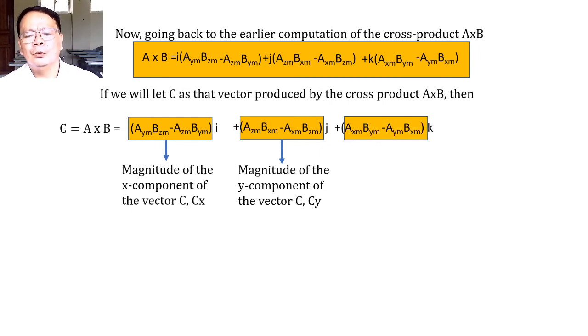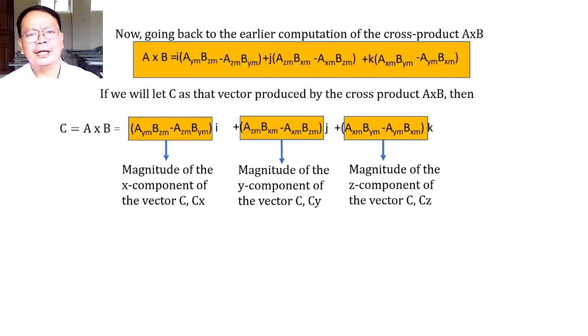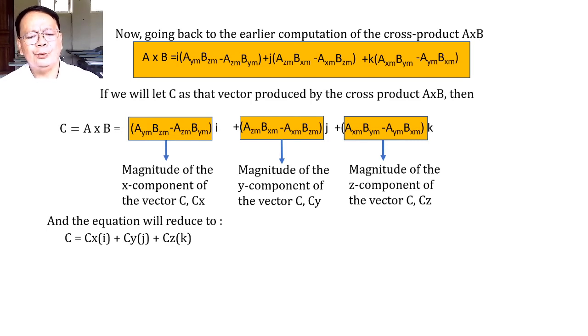And this term will represent the magnitude of the z component of the cross product, the vector C, and that may be written as C sub z. So the equation can now be simplified, and it will reduce to C equal to C sub x i plus C sub y j plus C sub z k.